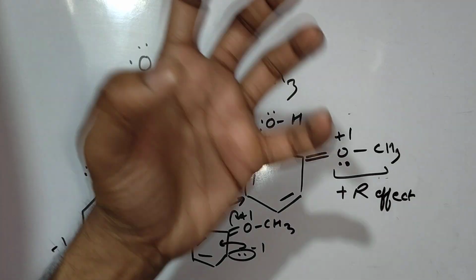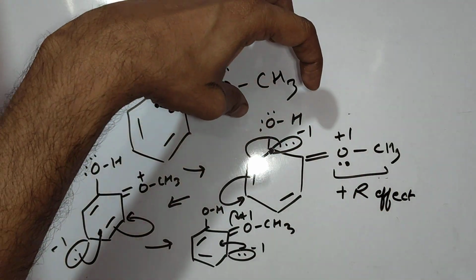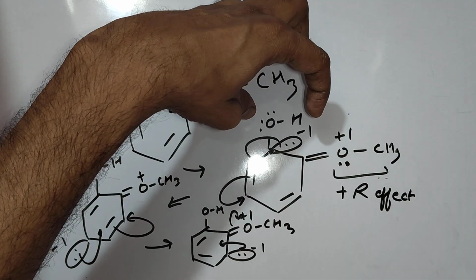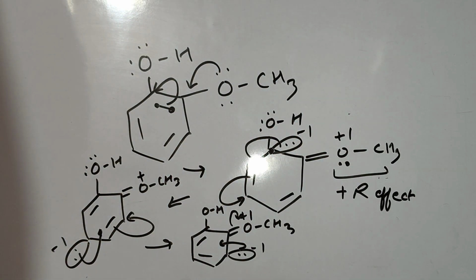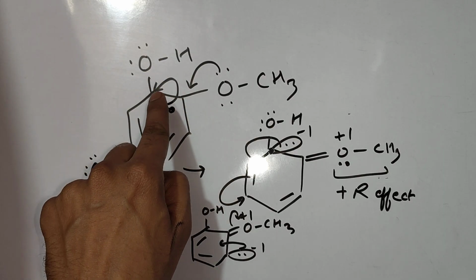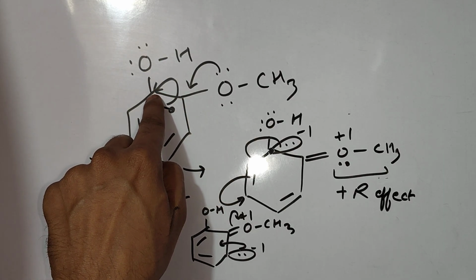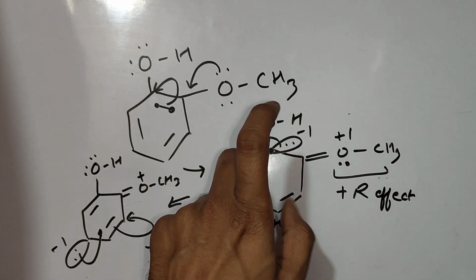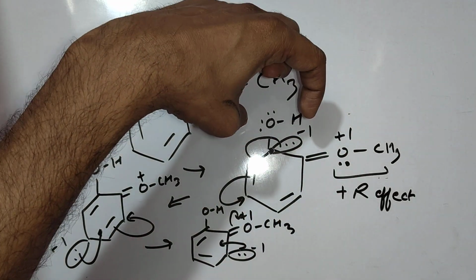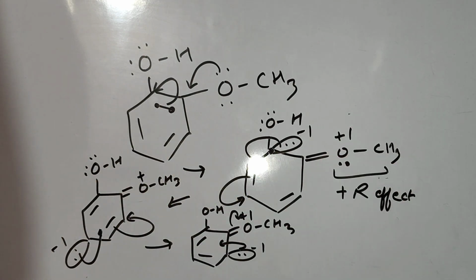When I solve all the cases, I will tell you how these electrons will affect the acidic nature of OH group. But please check, when OCH3 is on ortho position, electrons are coming on this carbon to which OH is connected. Means plus R effect from ortho position is affecting OH group. Similarly, it will affect from para position.